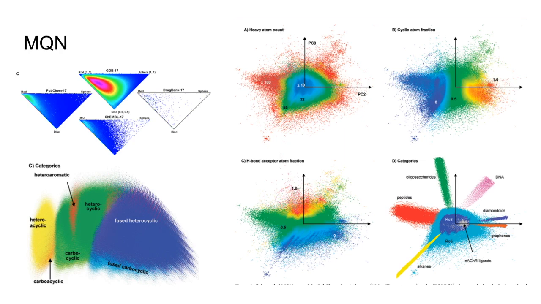distribution of various kinds of compounds, whether they are aromatic, heterocyclic, or what properties they have, how many atoms they have, how many H-bond acceptors, atom fraction, etc. Then you can annotate these plots, and it's used as well to analyze how big a portion of all possible molecules is available in the existing databases.